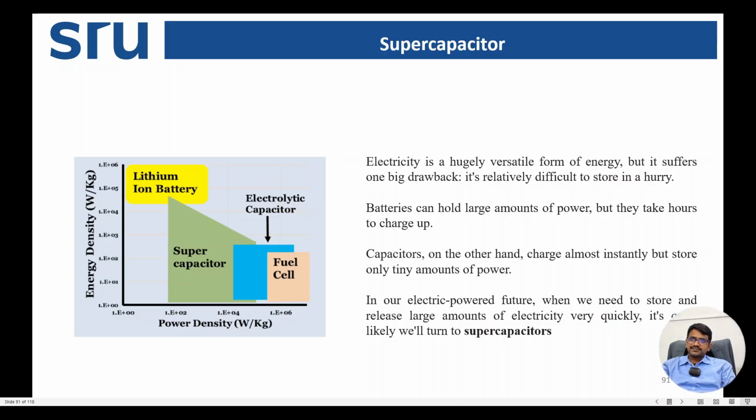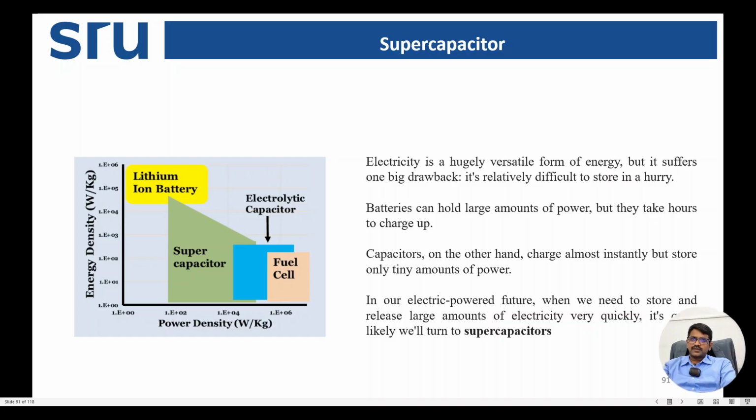Batteries can hold large amounts of power, but they take hours to charge up. One drawback is that batteries can hold charge in larger amounts, but it takes so much time to charge any battery. If you charge an electric vehicle, it takes hours.